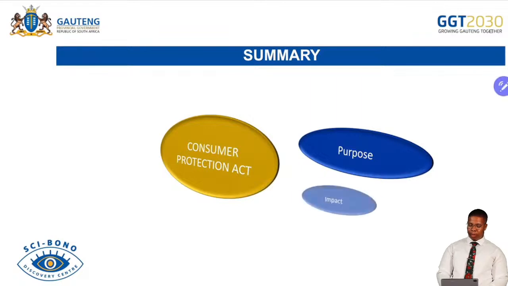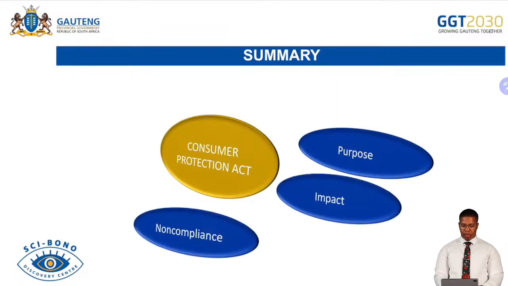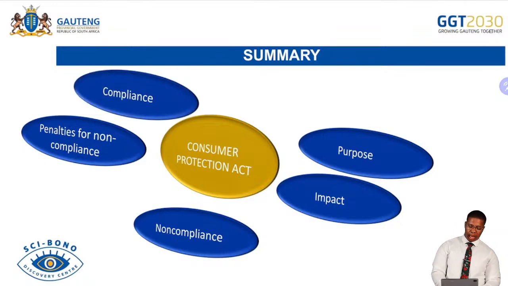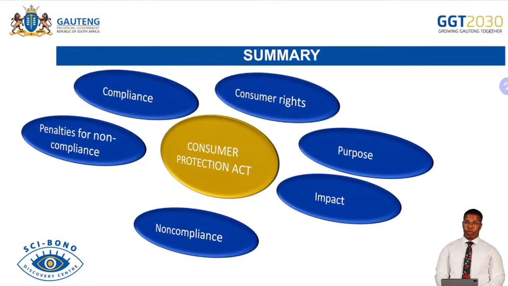With the Consumer Protection Act, we did the same. We looked into the purpose, the impact, non-compliance together with penalties for non-compliance and ways to comply together with consumer rights.